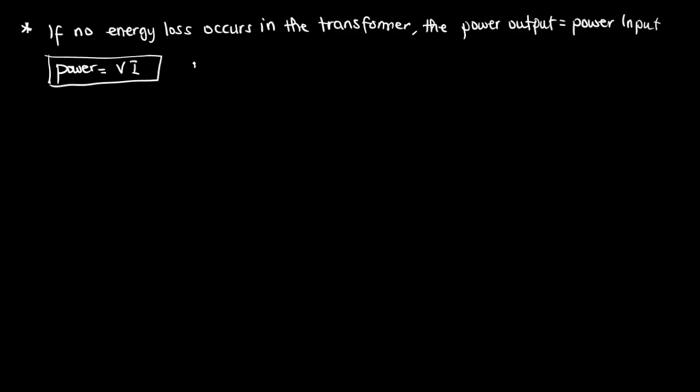So if we are talking about the primary power, the power in the primary coil, it will be EP IP. Then the secondary power, which is the output, the power output. So the primary power is the power input, and this is the power output. That will also be equal to what?